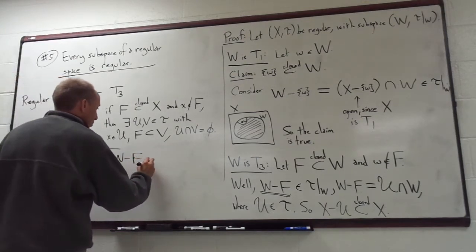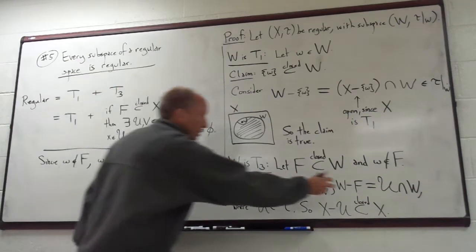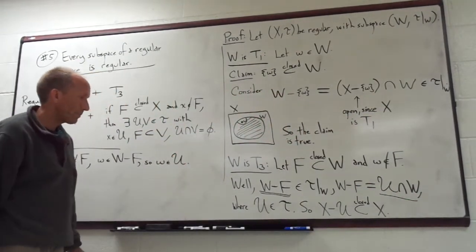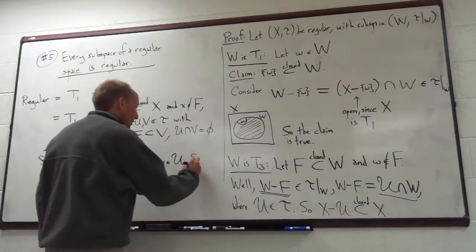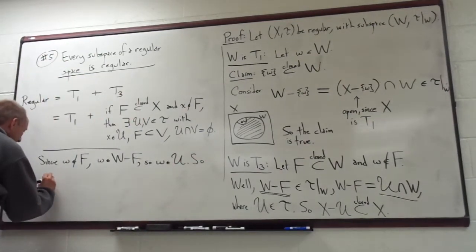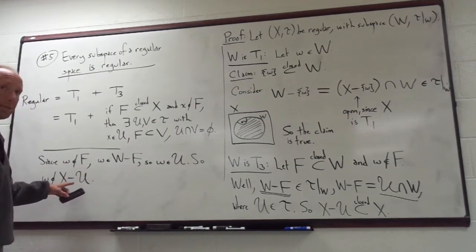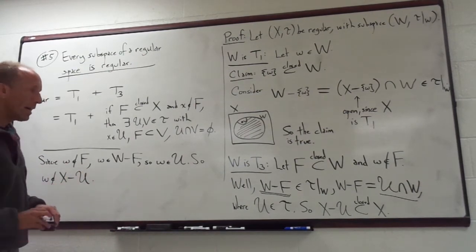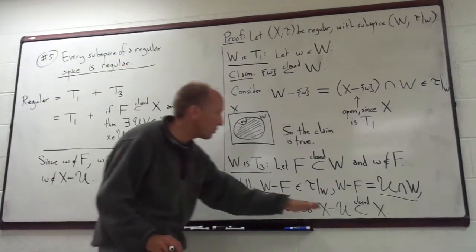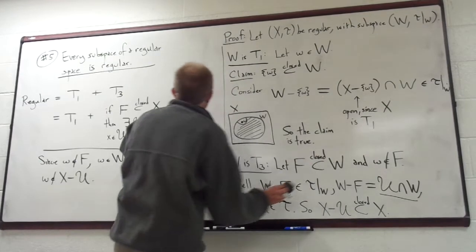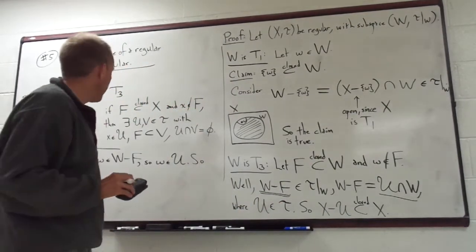Okay, so w is in this intersection, right? w is in U. So w is not in the complement of U relative to X, right? So w is not in that set. All right, great. So not only do we have a closed subset of X, our point that we started with, this little w, is outside of that closed subset.